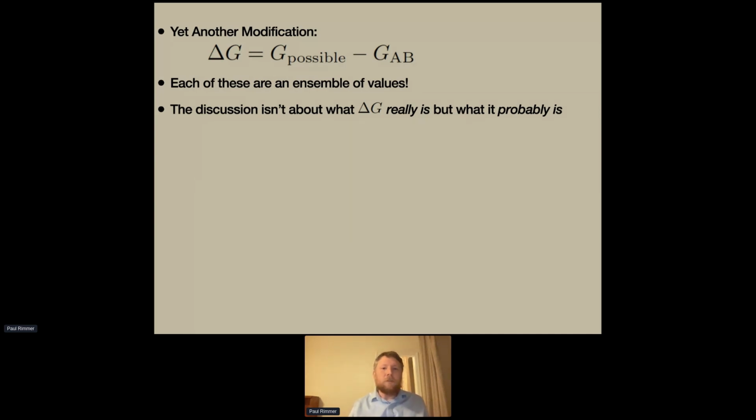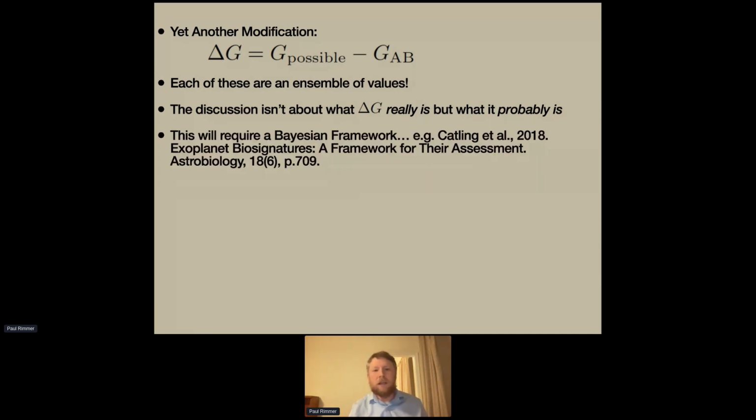And this discussion really isn't about what delta G really is, but what it probably is. And so you can look at these ensembles, you could weight them probabilistically, but this will require something like a Bayesian framework, starting out with some prior probabilities for disequilibrium, and then looking at what the posteriors are given the available data.